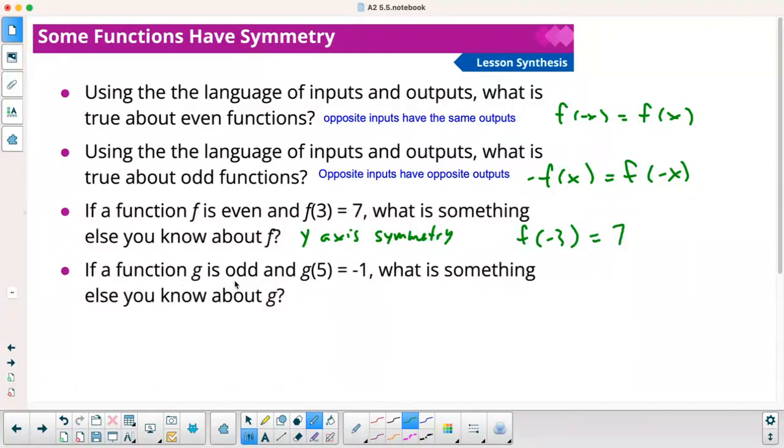If a function g is odd and g of 5 equals -1, what's something else you know? We know that we have origin symmetry. Again, remember, origin symmetry is reflection across both axes. And then we know that we're going to have opposite x, so g of -5 is going to equal the opposite y.